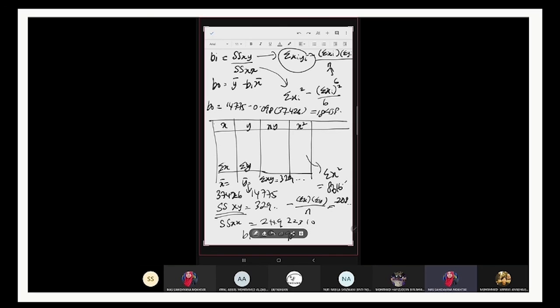So then, last but not least, you should be getting an equation like this. Y equals 18458 plus, oh, actually it's minus 0.098 of x. Okay.